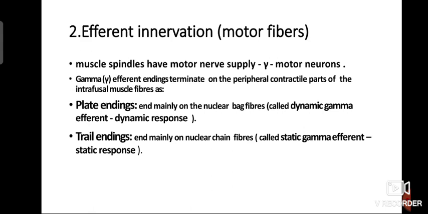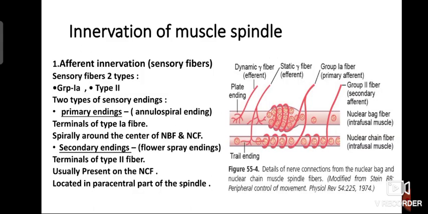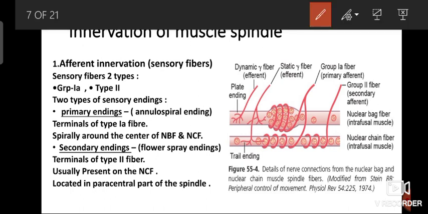Trail endings end mainly on the nuclear chain fiber and are called static gamma efferents, and they are responsible for the static response. So as we see in the motor supply, the dynamic gamma efferent has a plate ending, the static gamma has a trail ending and mainly terminates on the nuclear chain fiber, and the dynamic gamma efferent terminates on the nuclear bag fiber.